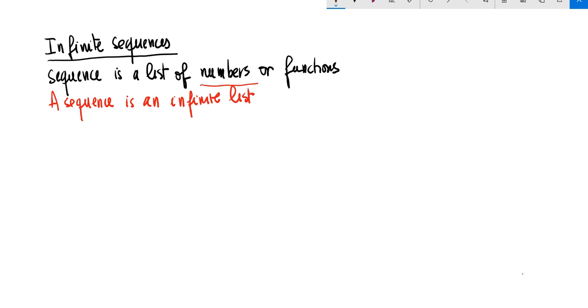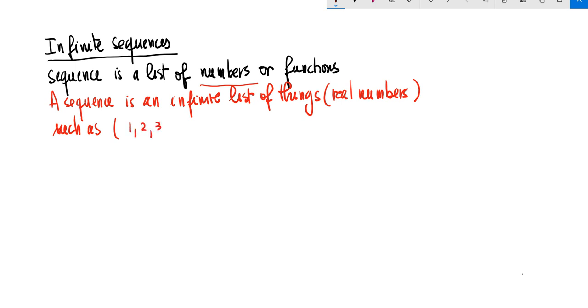It's an infinite list of things, really real numbers, such as, let's say 1, 2, 3, 4, and so on.